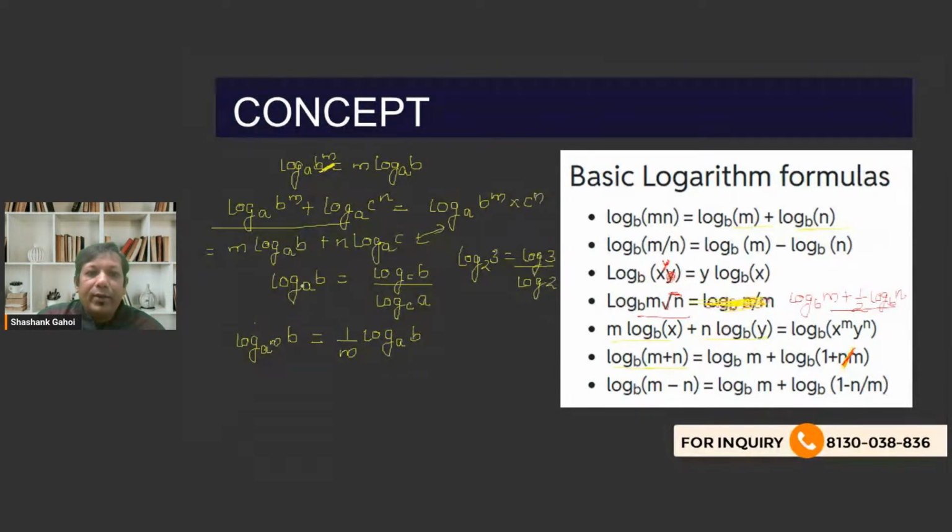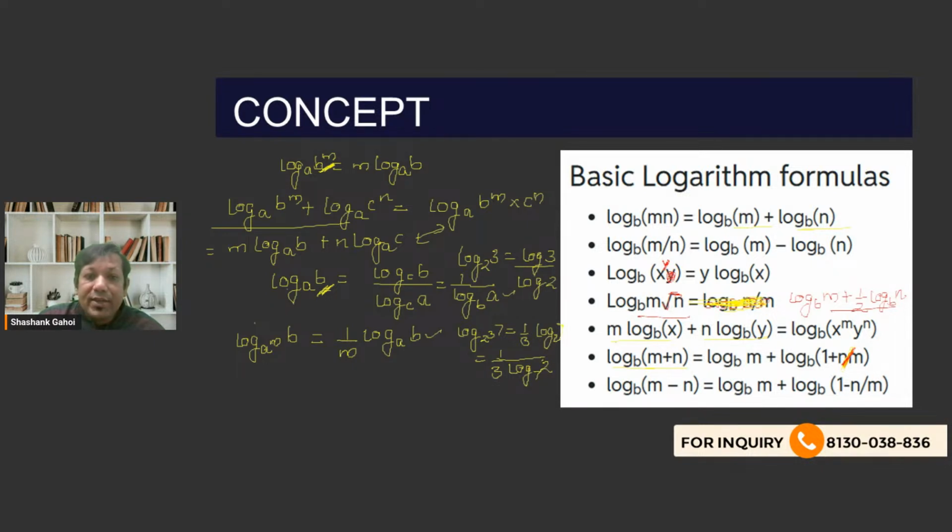Now, if I have log B base A, that can also be written like this: 1 upon log, and these two values are going to interchange, so it is going to be base B. If I take an example for this, say I have log 2 power 3 of 7, I can write it as 1 upon 3 log base 2 of 7, as well as 1 upon 3 log 2 base 7.